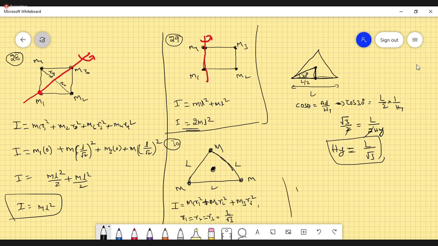The three masses are the same, so I equals 3m into L by root 3 square, so I equals m L square.